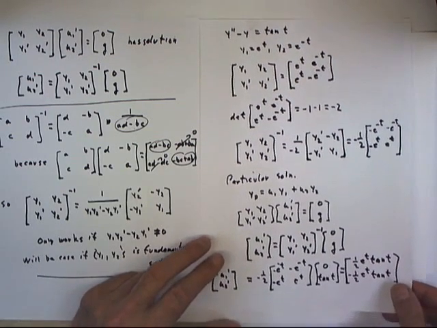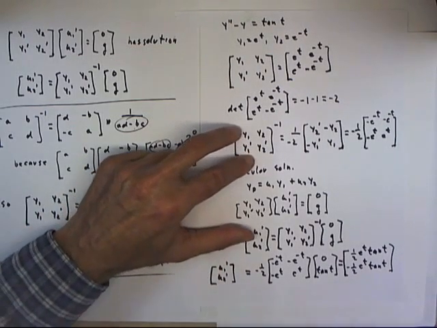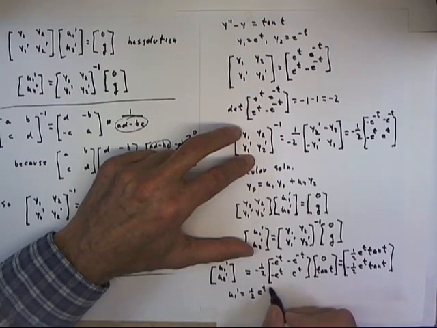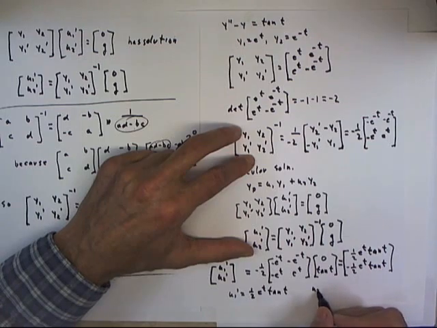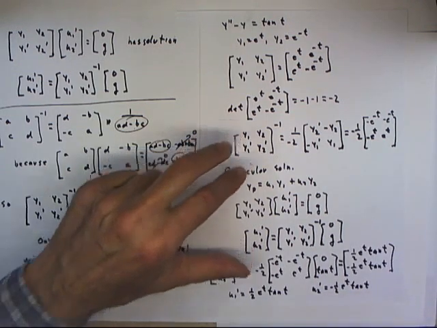I'm pretty much out of room, and we are going to go on with this in another clip that I'll start with a fresh piece of paper, but I'll write down here that now U1 prime is then 1/2 e to the t tangent of t, and U2 prime is negative 1/2 e to the t tangent of t.